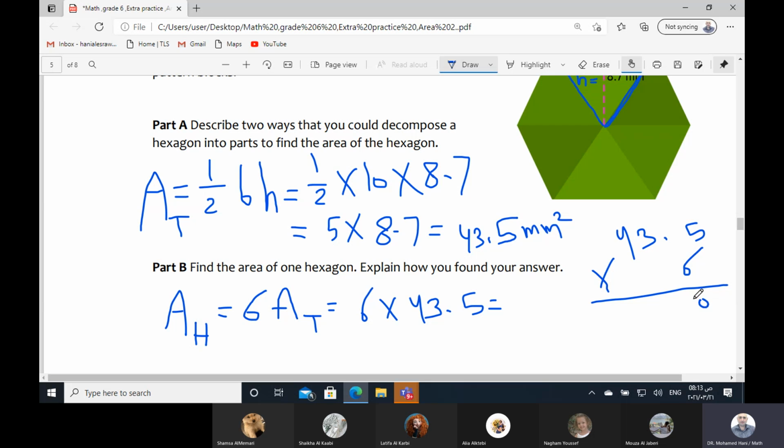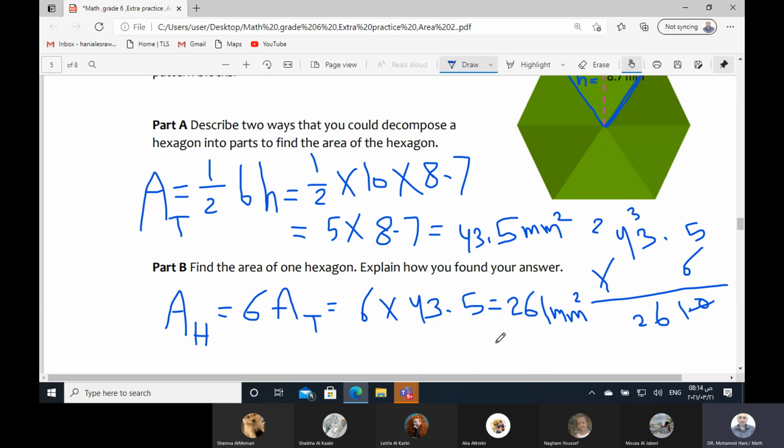Now 6 times 5, 30. 6 times 3, 18. 18 plus 3 will be 21. 6 times 4, 24. Plus 2, 26. And the point after one digit, so we can remove the point with the 0. So the answer will be 261 millimeters squared.